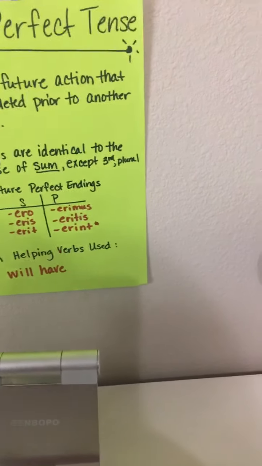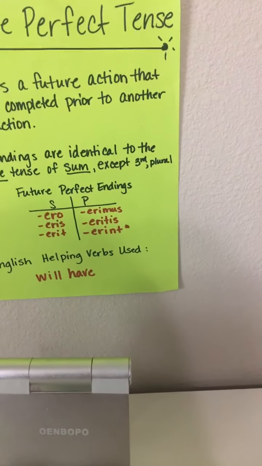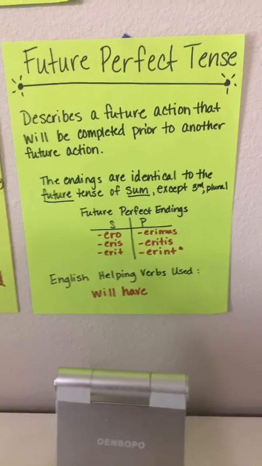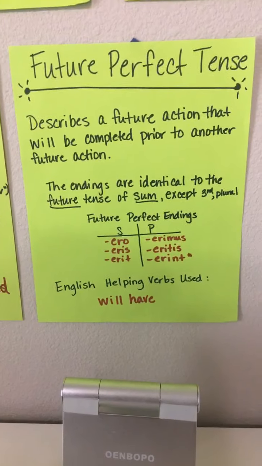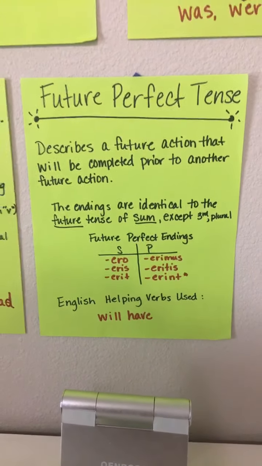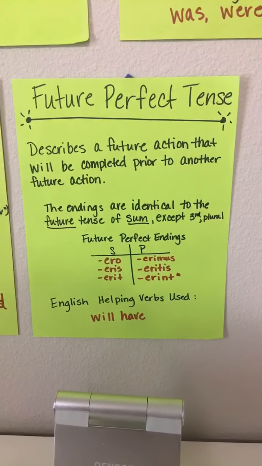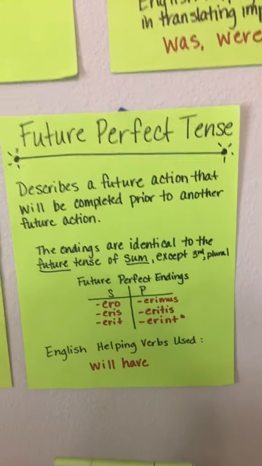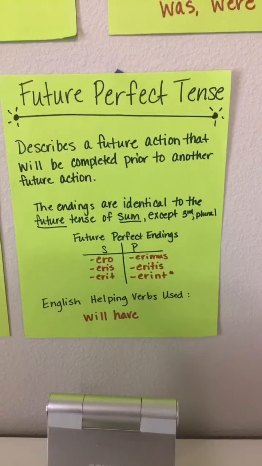Henle tells us that this is a rarely used verb form. And it does sound kind of odd. When you translate it into English, you will see it's in the future, but it's going to be before another future action. So it's kind of tricky. You can see why it's a rarely used verb.